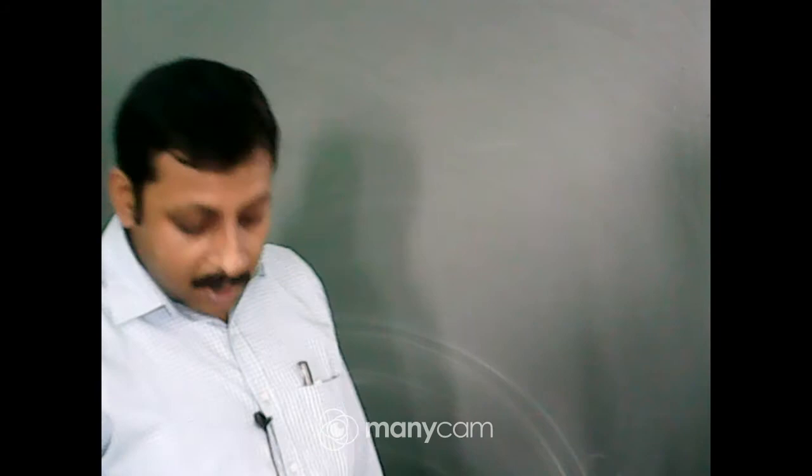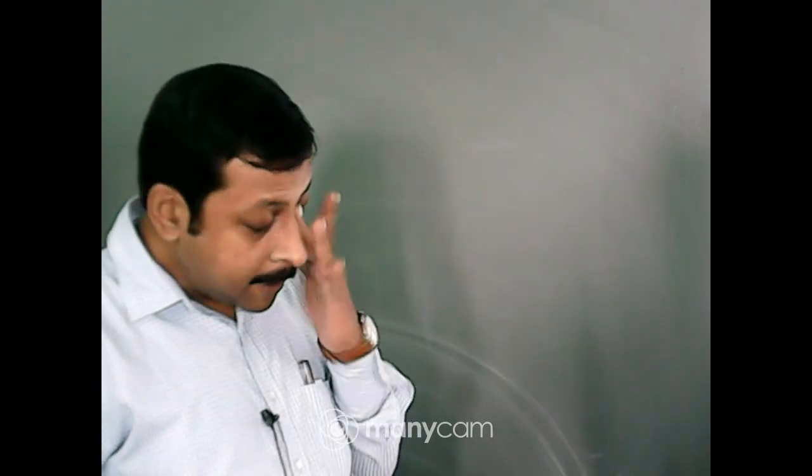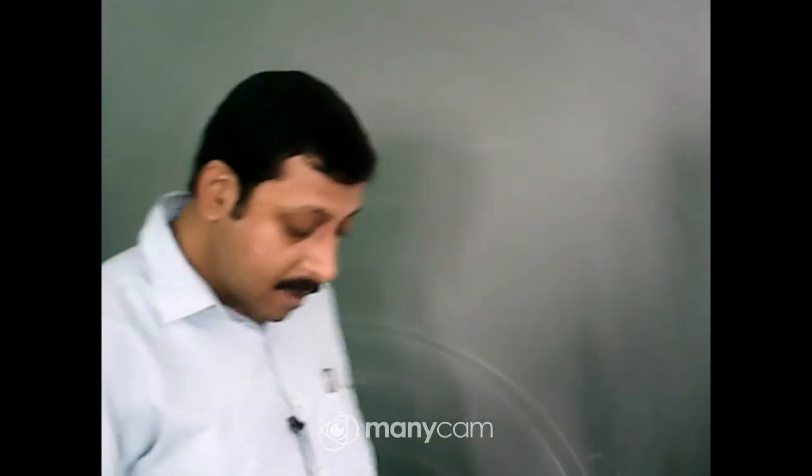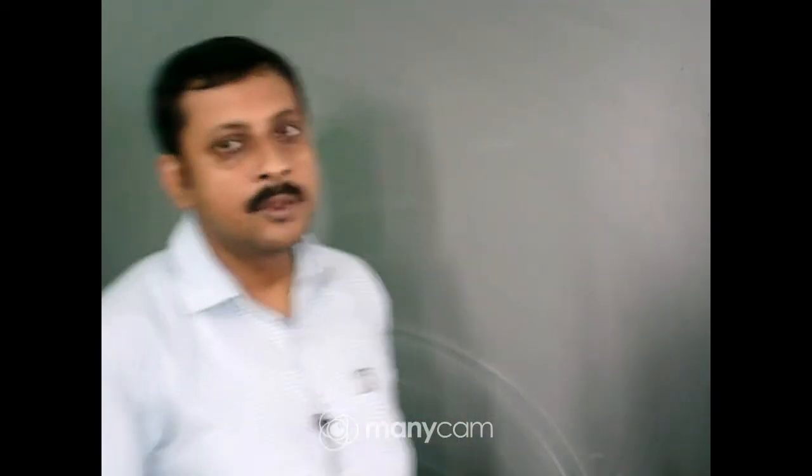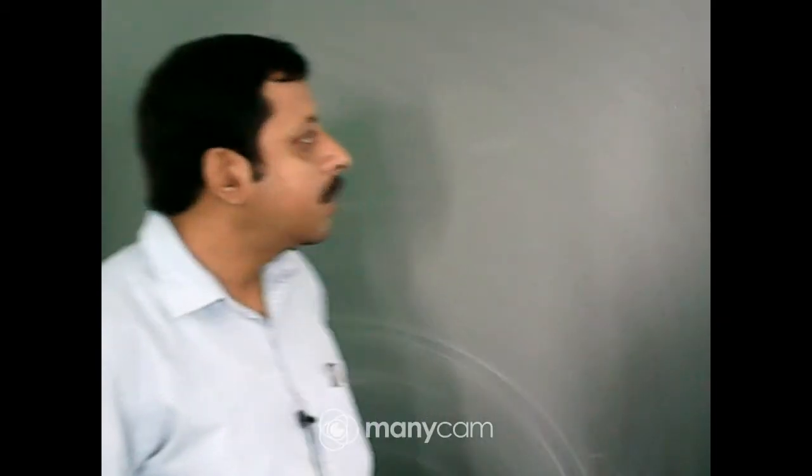Okay. Now in accounting ratio, we discuss what is accounting ratio, why we do the accounting ratio, and what are the different ratios. There is a liquidity ratio, a solvency ratio, a turnover ratio, and a profitability ratio.